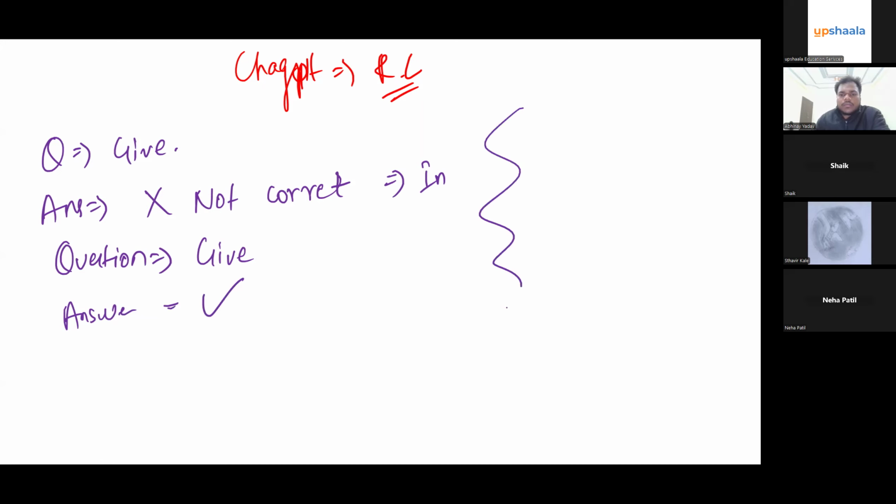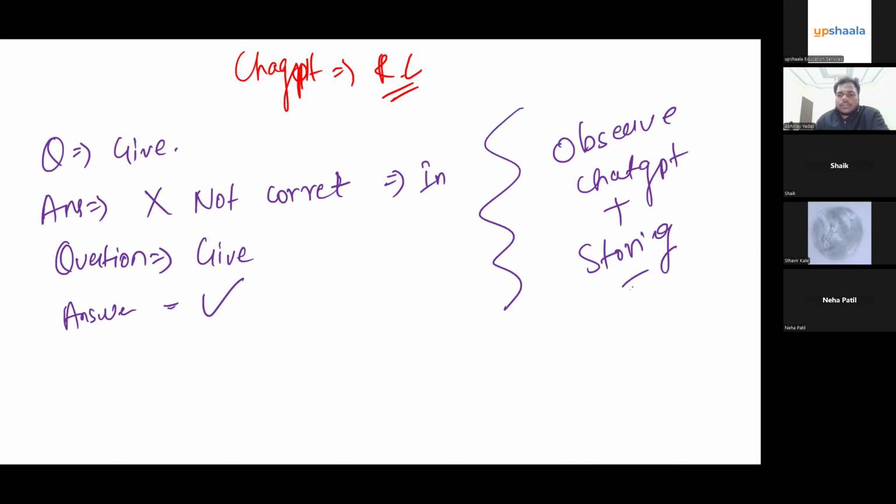These things are observed by ChatGPT. They are observing these things and storing them in their database. If some other person asks the same question, instead of giving the earlier answer they will give this type of answer, because they have learned the same thing. This kind of learning is known as reinforcement learning, and it is the one major factor responsible for deciding the accuracy of all the large language models. Clear?